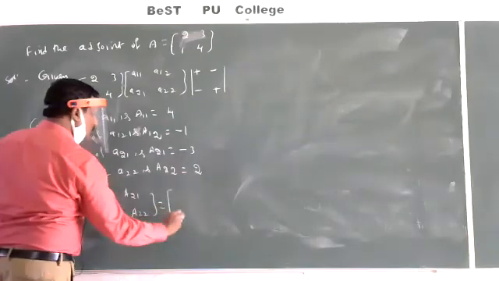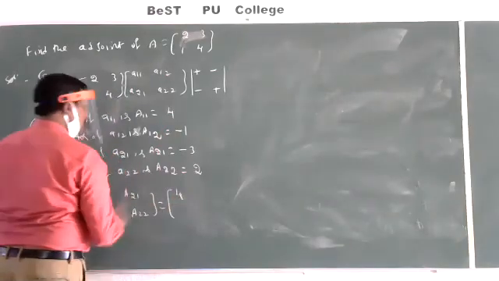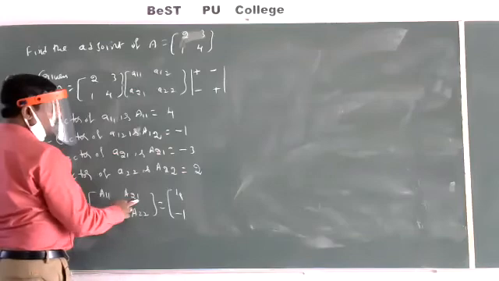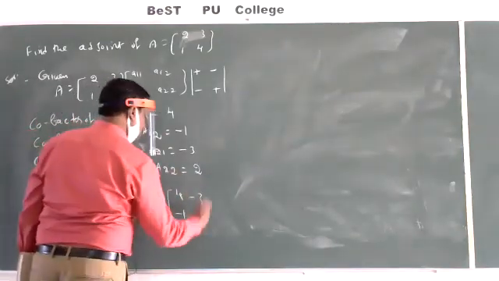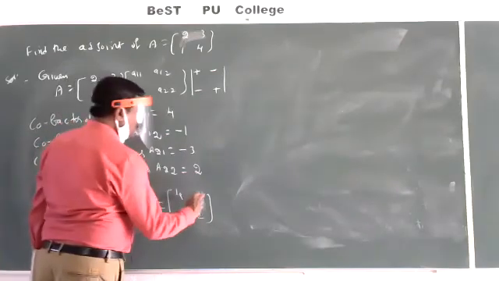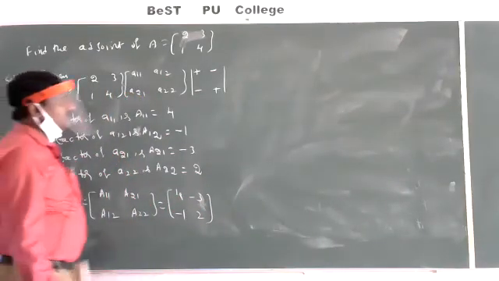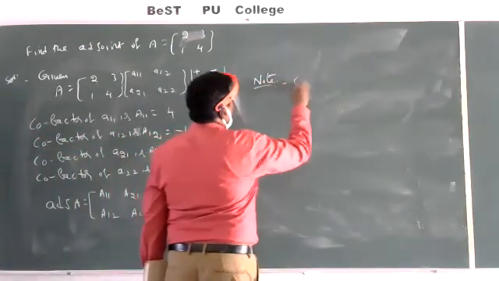This is equal to 4, minus 1, minus 3, 2. For this 2 by 2 matrix, if any matrix is given, we can directly write adjoint of A. Note that down also.